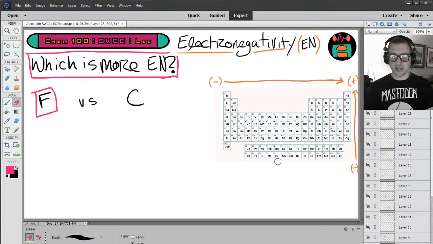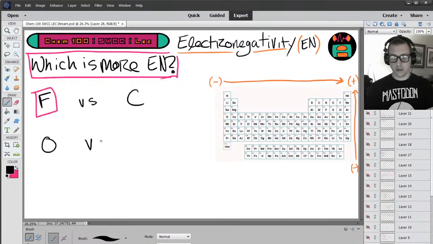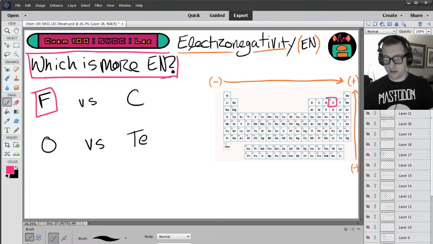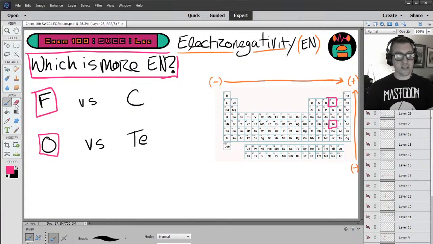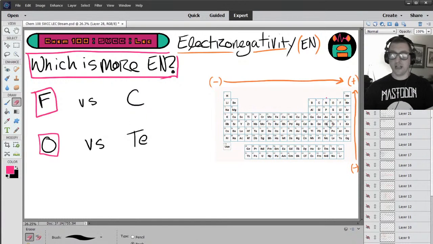All right, that example is pretty cut and dry. What about oxygen versus tellurium? And again, looking at the periodic table, oxygen is here, tellurium is here. When you look at the trend going vertically, the higher you are on the periodic table, the more electronegative you are. So oxygen is more electronegative than tellurium. Again, another cut and dry example.